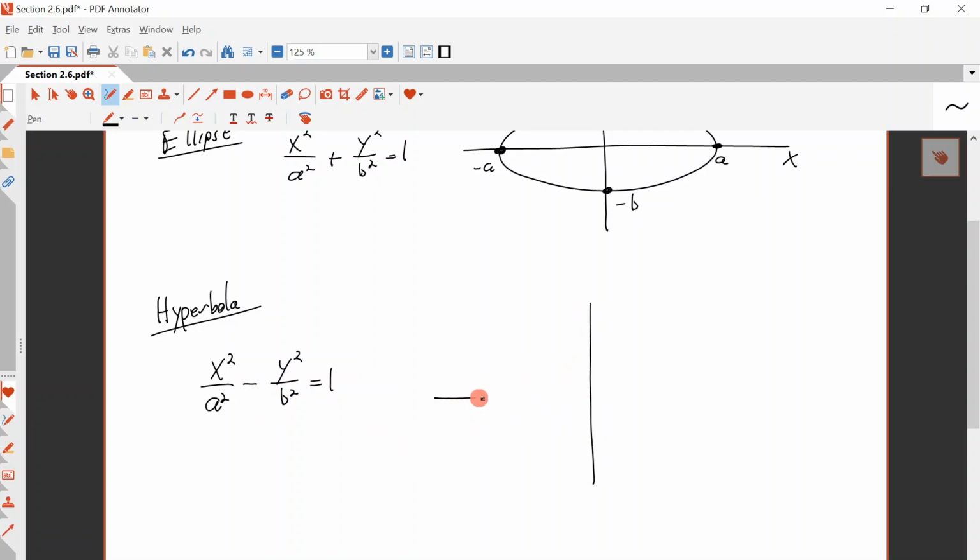So on your y and x axes, again, pick out a and minus a on the x-axis, b and minus b on the y-axis, and you've got this sort of guiding rectangle here.